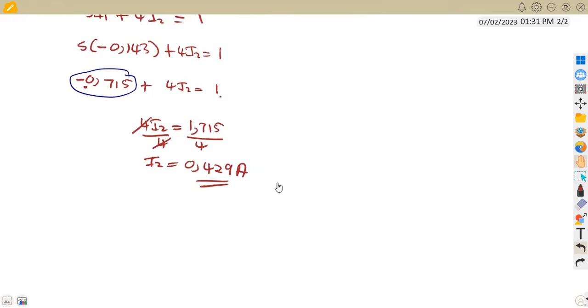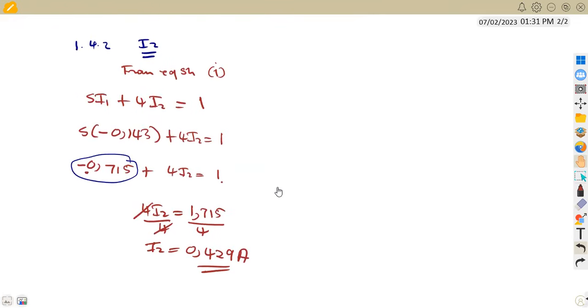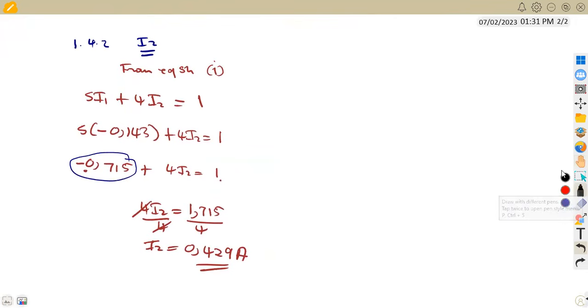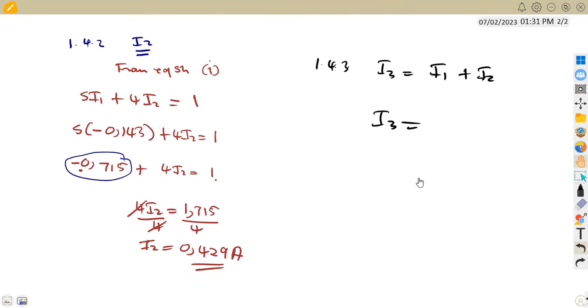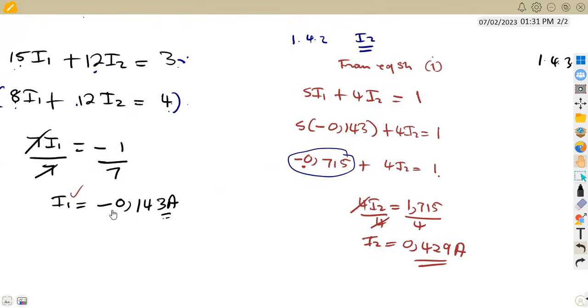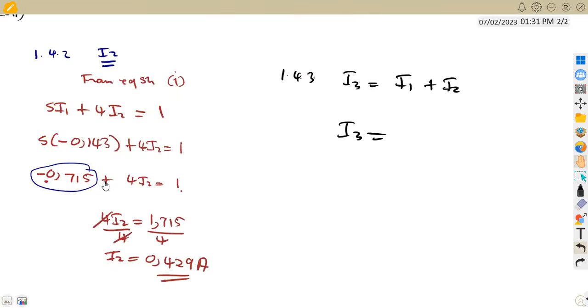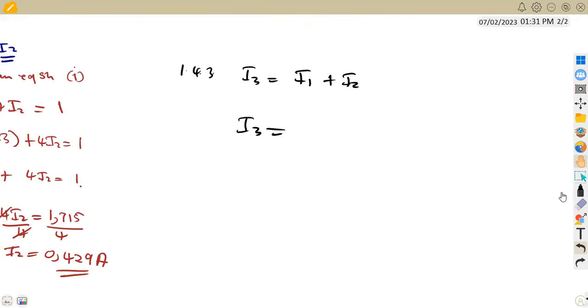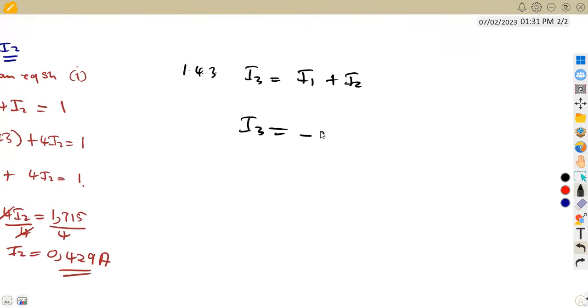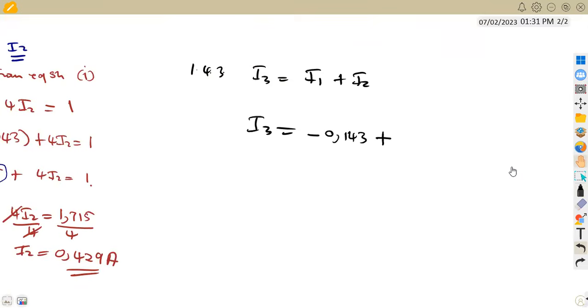All right, so let us just have it here. So we are going to have 1.43. So I3, like I said, is the sum of I1 and I2. So we are going to add I1. Remember, it was a negative. So we are going to substitute that negative 0.143, plus I2.